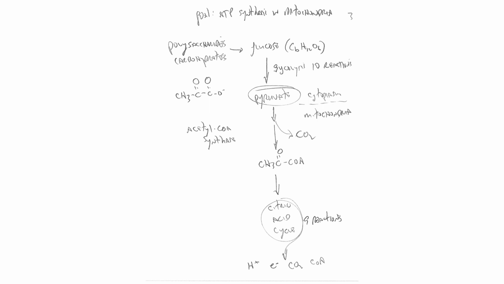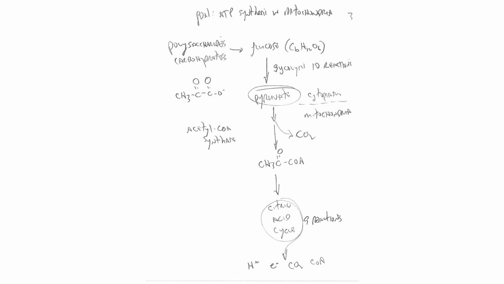Those are 9 reactions that we'll leave for biochemistry. But in the end, what comes out is hydrogens, H+, protons, electrons, carbon dioxide, and the coenzyme A, which is now free to be reused.